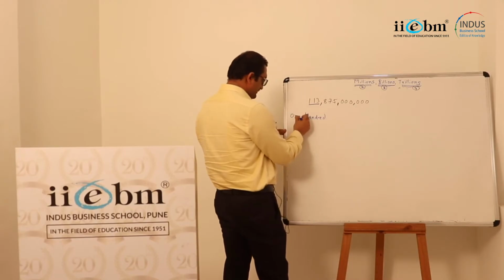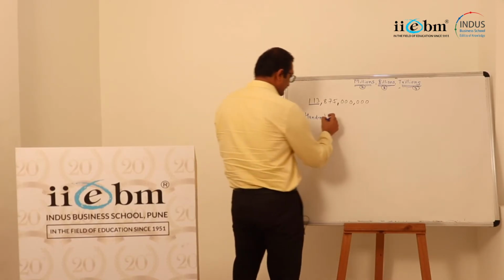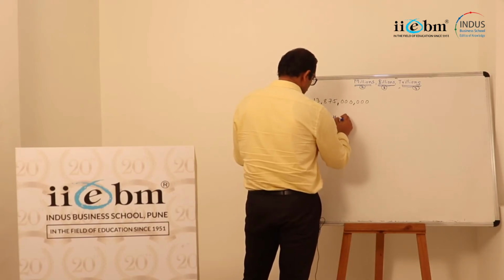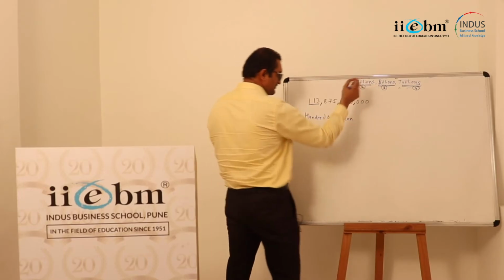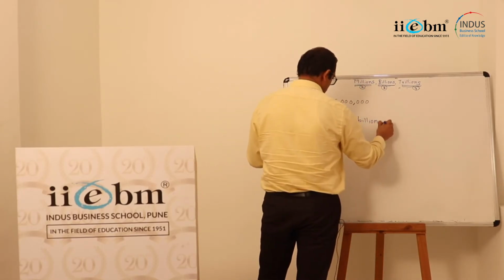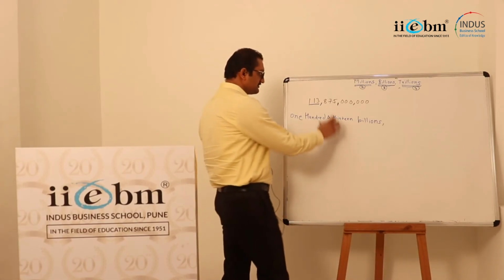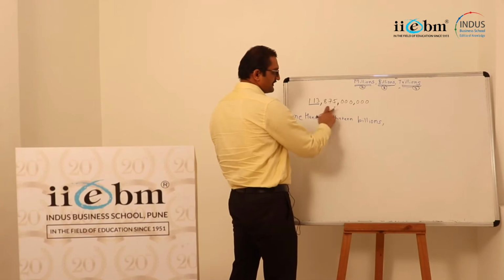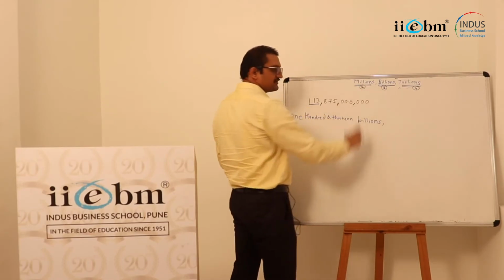Or we can also read this number as 113, how many? 3 commas, so the number is in billions. So 113 billion. 875 is how much? We have 2 commas after that, so the number is in million.